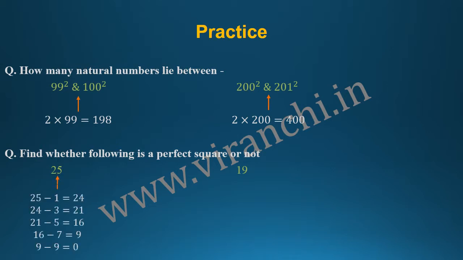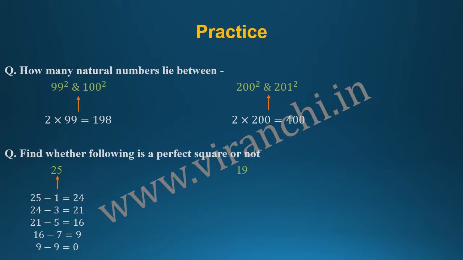For that, first I remove 1 from 25. I end up with 24. Then I remove the second odd number 3 from this difference. I have 21. Then subtract the next odd number 5 from this difference and I get 16. Remove the next odd number 7 and I have 9.